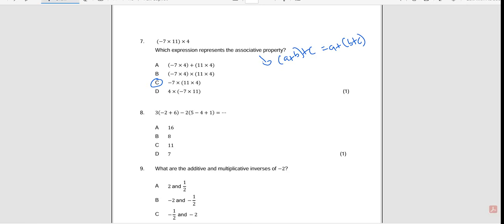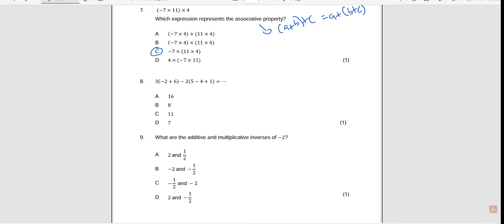So let's proceed to the next question, number 8. With these questions, guys, the easiest way is to simply use a calculator to save time. But what you can do is start by adding what is inside the brackets, and after that multiply.